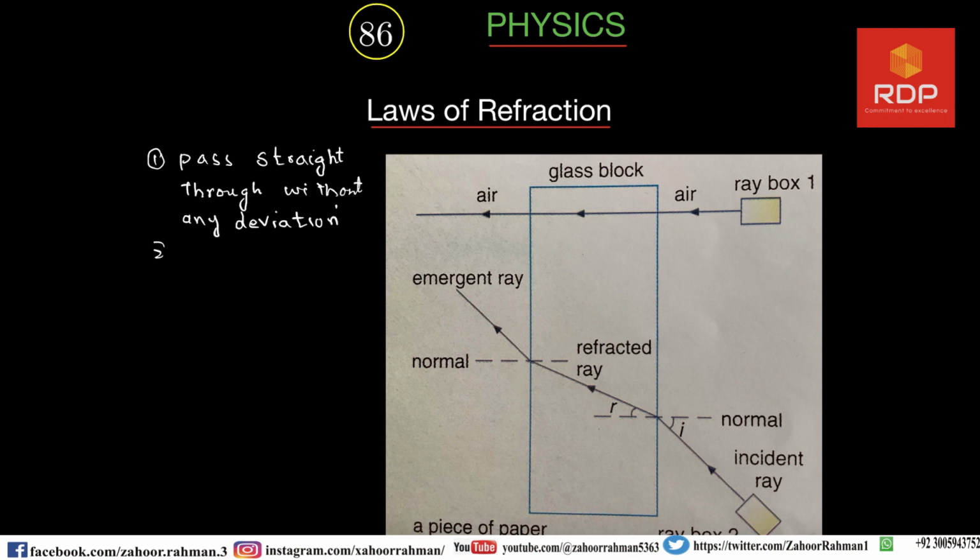The second one is the ray of light from ray box 2 bends towards the normal. So we simply write: bends towards the normal. Keep this in mind that this dashed line is the normal, and this ray when entering the denser medium is bending a bit towards this normal.